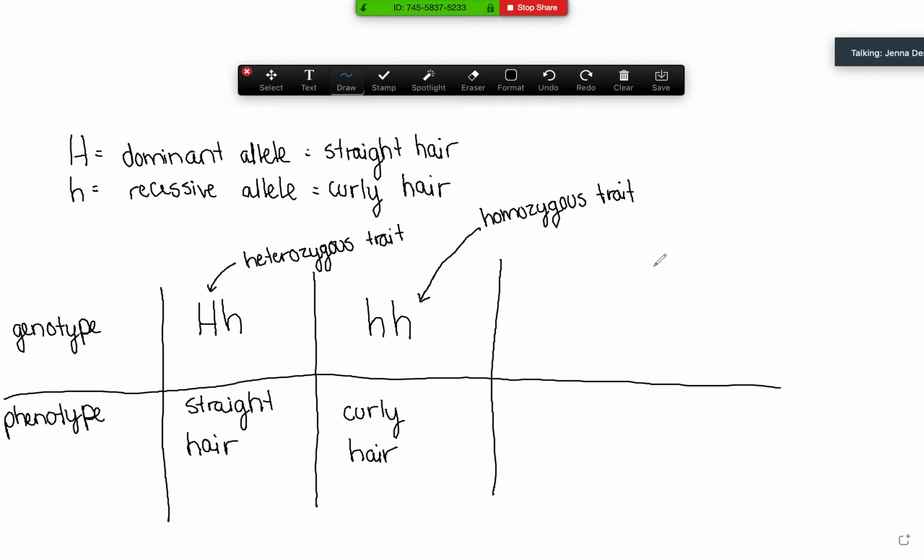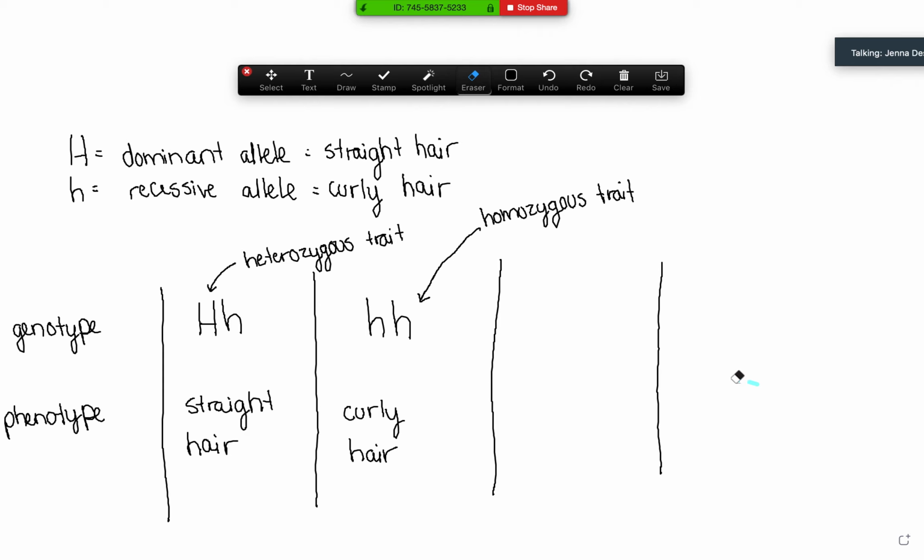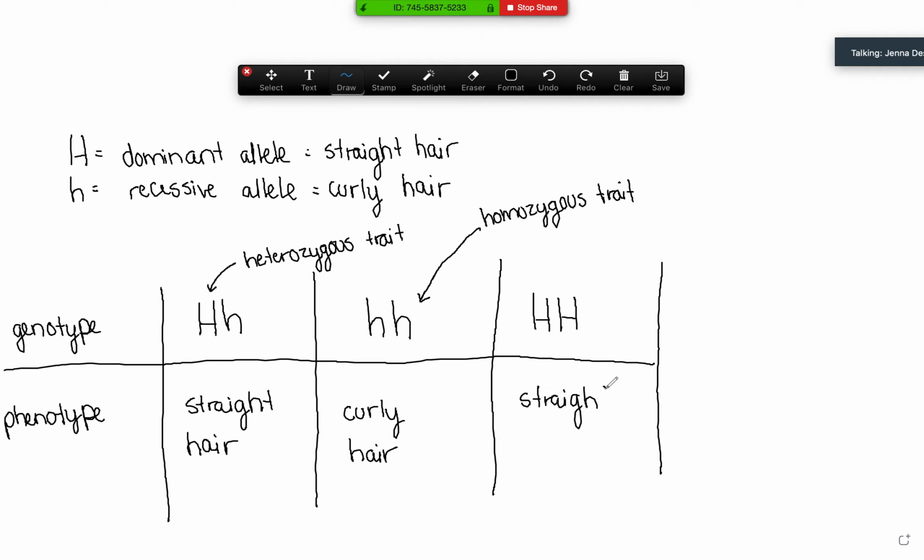Okay? The last example that we went over was a situation where we had two capital H's. Okay? So, in this case, the individual had two dominant alleles, which would express straight hair, which was the dominant trait here.